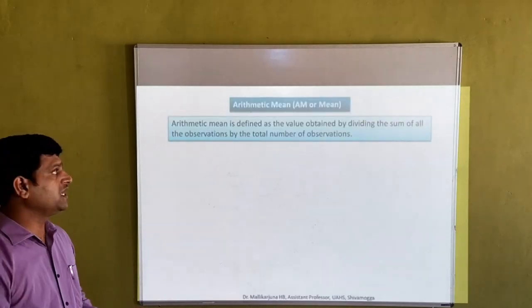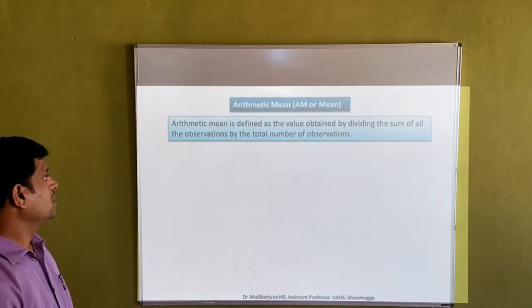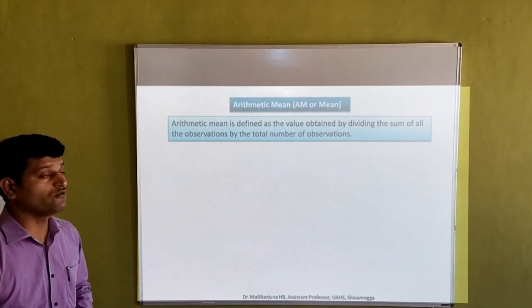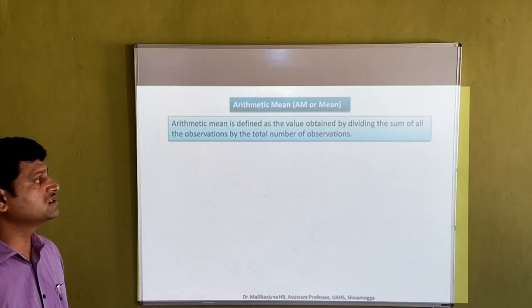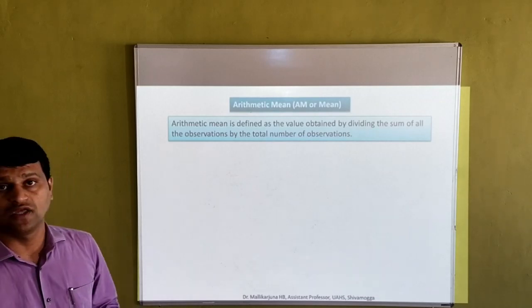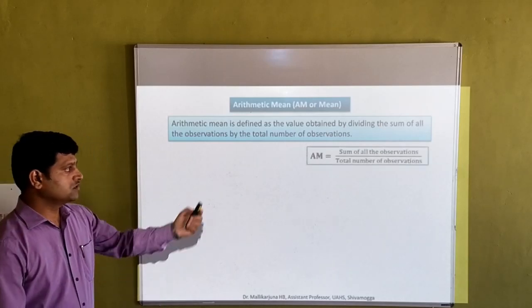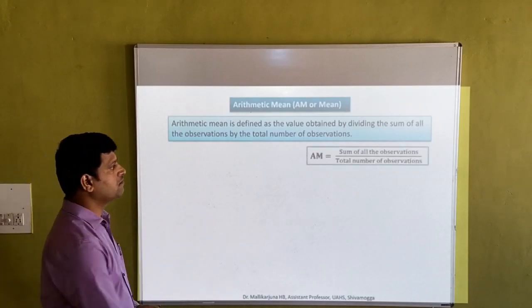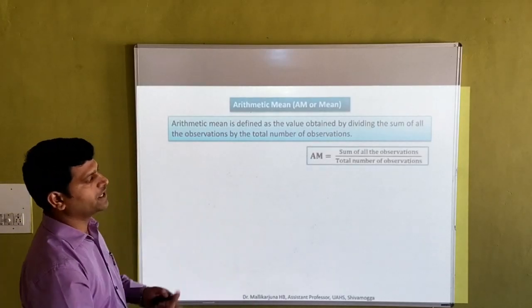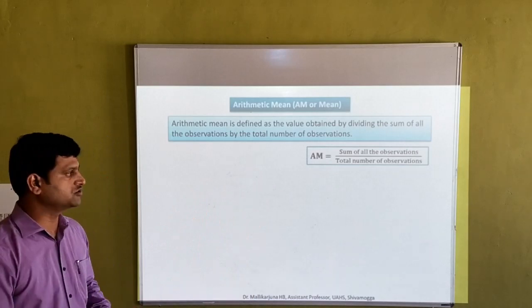Arithmetic mean, simply mean. Arithmetic mean is defined as the value obtained by dividing the sum of all the observations by the total number of observations. AM is equal to the sum of all the observations divided by the total number of observations.